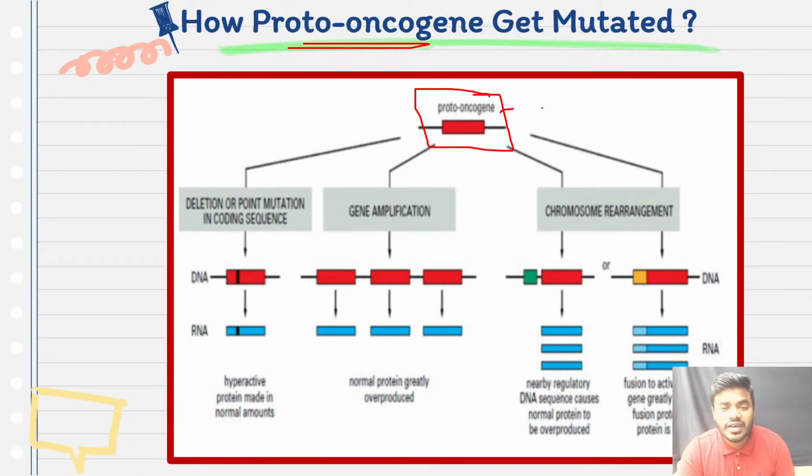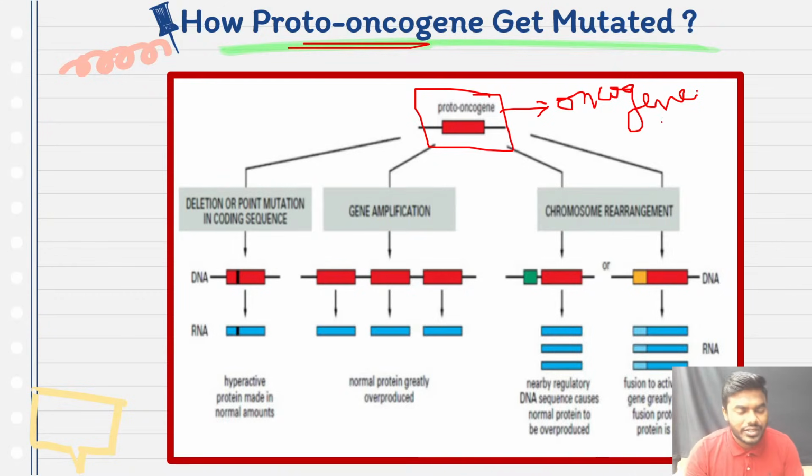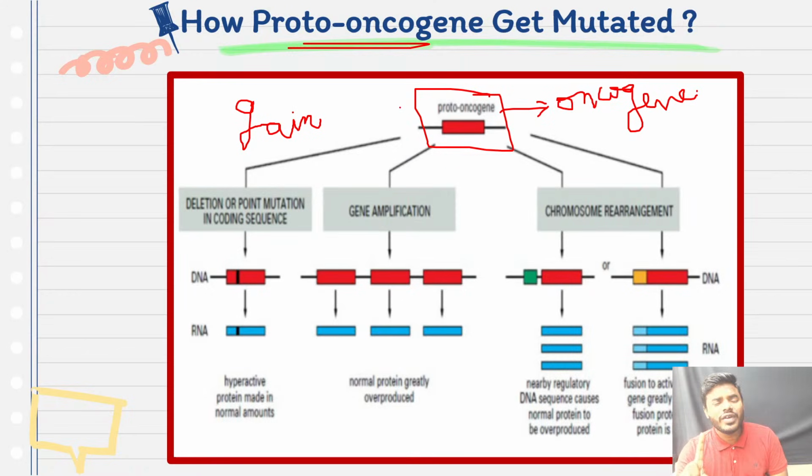And the question is here, how can a proto-oncogene be converted into an oncogene? As I told you, there are multiple reasons, and one of the major reasons is what? Gain of function. You people have to understand, you know very well, a gene already has a particular function, is it or not friends?